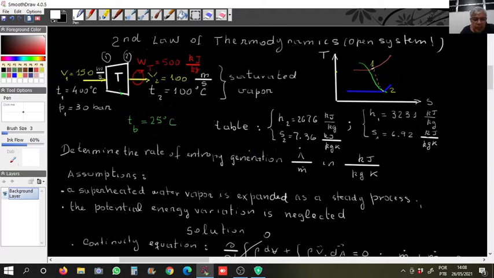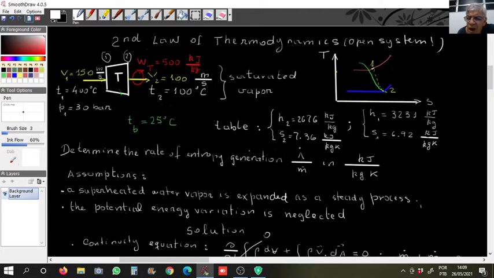Now, the temperature of the surroundings, TB, is 25 degrees centigrade. On the superheated vapor table, you find that at the temperature of 100 degrees, saturated, the enthalpy H2 is 2676 kilojoules per kilogram, and the entropy at the exit at the same temperature is 7.36 kilojoules per kilogram Kelvin.